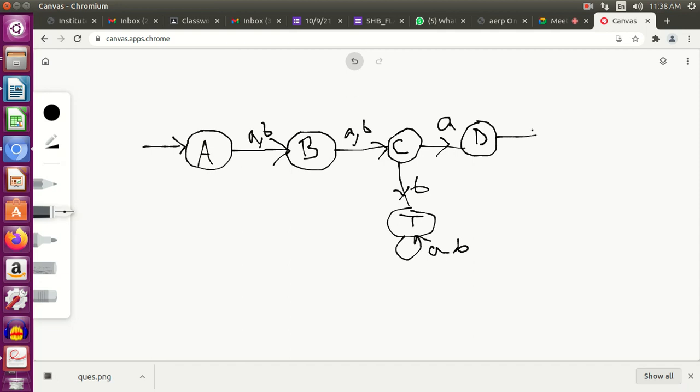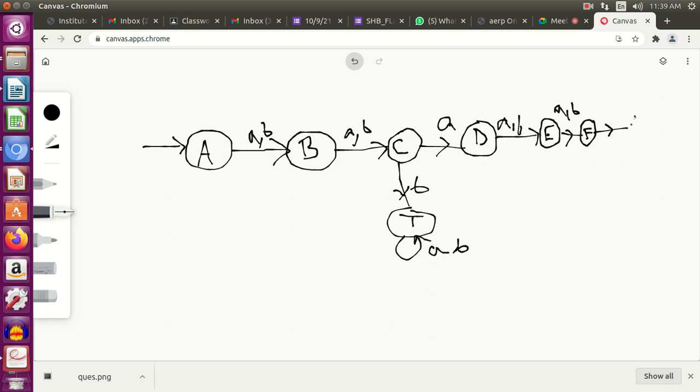From D, we can move to E with a transition of A comma B. From E, we can move to F with a transition of A comma B. So a length of 1 and 2 done, and we need at least a length of 3, right? So another state will be required.